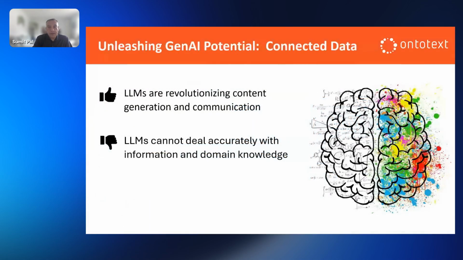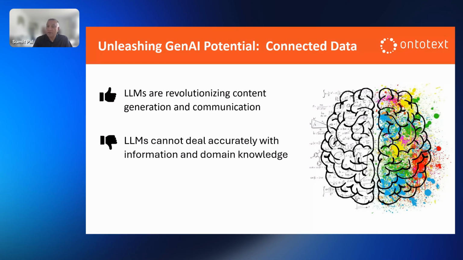We know LLMs are being used in a lot of different use cases, from generating content to also understanding content to a certain extent, based on the context windows. But we know that LLMs cannot give you accurate information all the time.